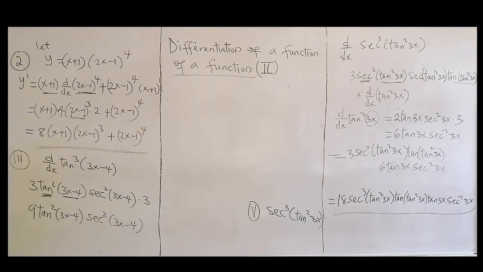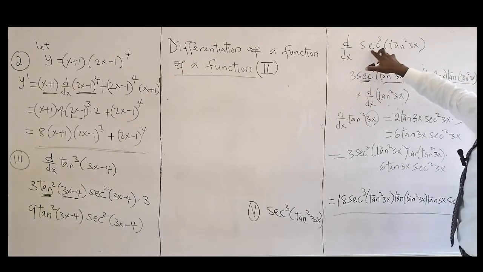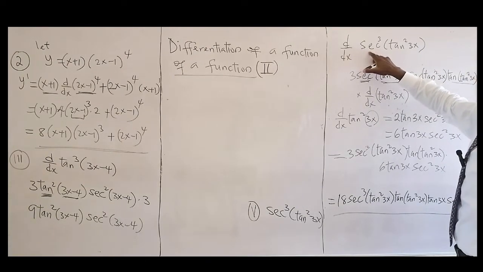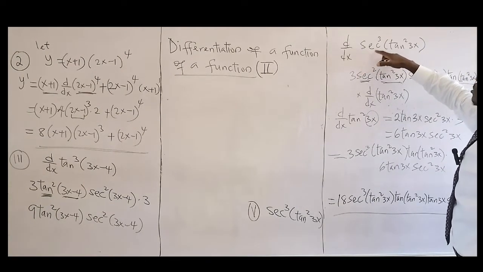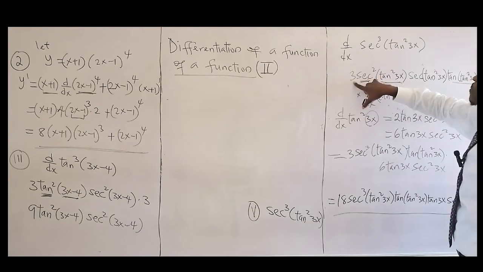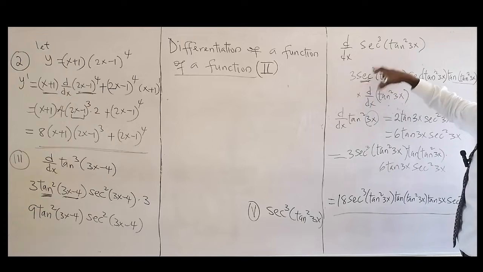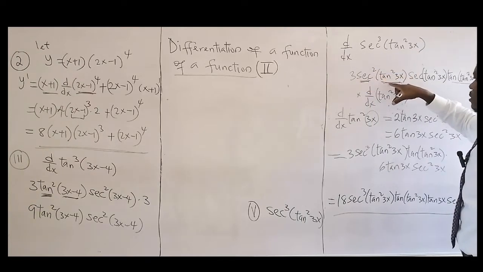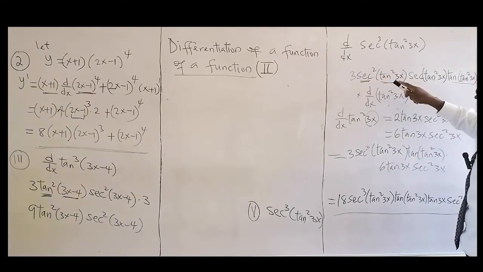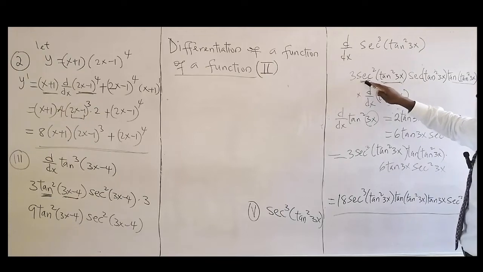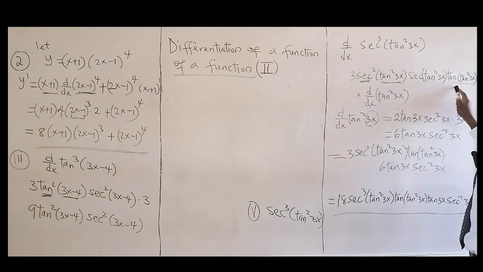The only thing I can do, just to quickly recap, is very simple. You start from the sec, that's the root of the function. So 3 will come to the front, sec 3 minus 1, sec squared of the function. Then the next question is, what is the derivative of sec, which is sec tan.